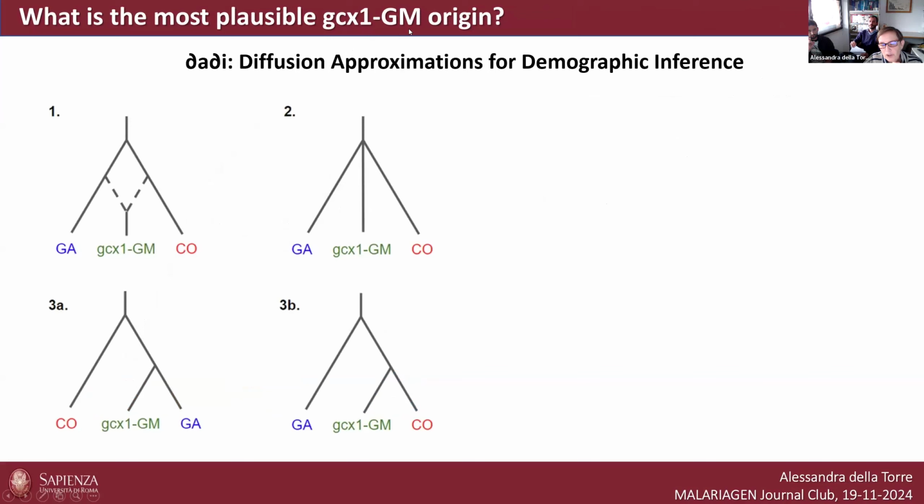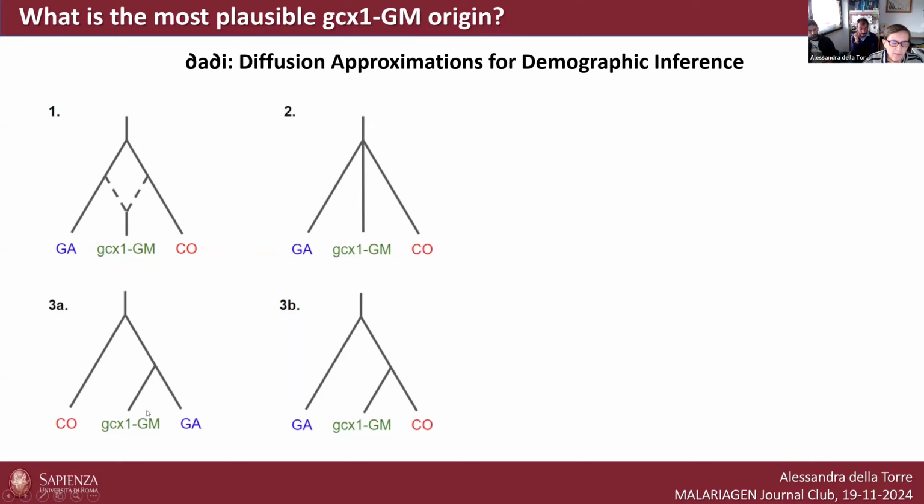To try to understand better the origin of this Far West population, we focused on GX1 from the Gambia, which, from the admixture analysis, looks like the purest cluster. And we used dadi, the diffusion approximation for demographic inference, to test four alternative hypotheses. The first hypothesis was again that this population was the result of hybridization between gambiae and coluzzii. The second one was a simultaneous split between the three groups.